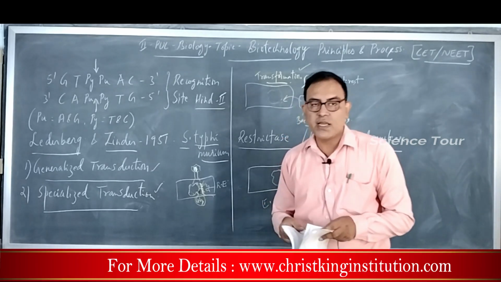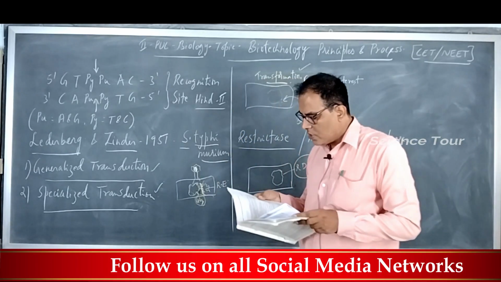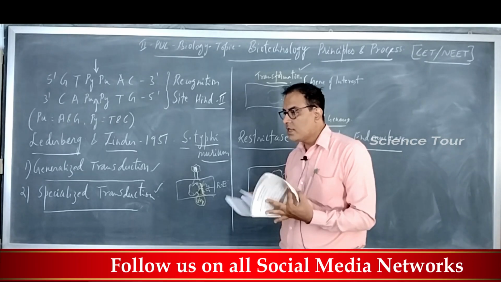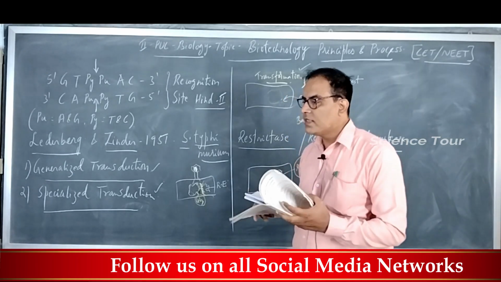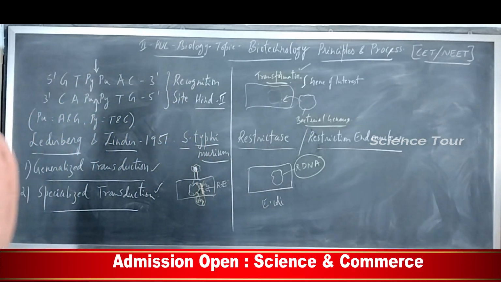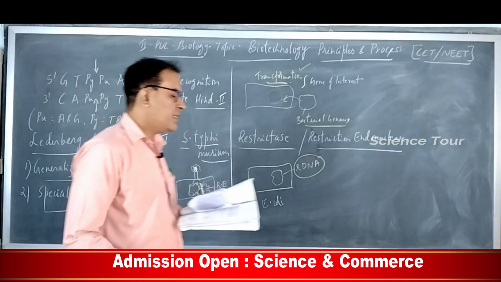I already explained. DNA molecules are separated on the basis of the size only. Smaller is the size, they will move farther away in the gel, and larger is the size, they will not move farther away in the gel. So that is simple.